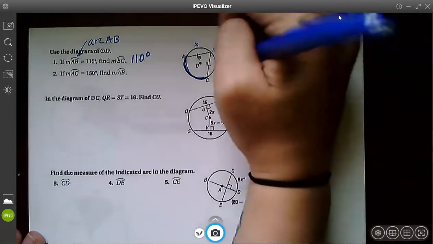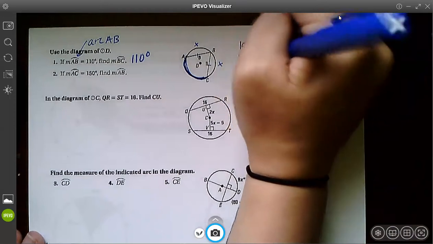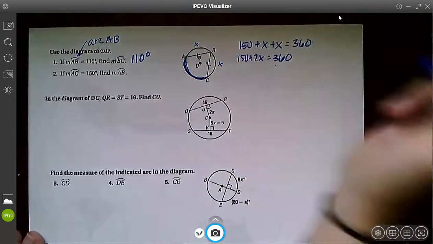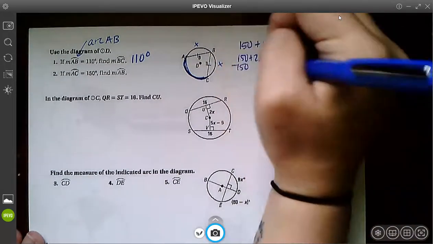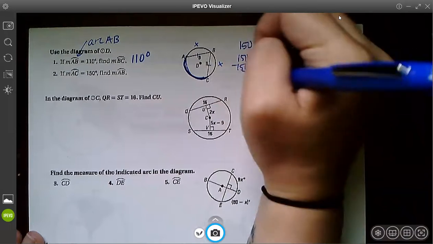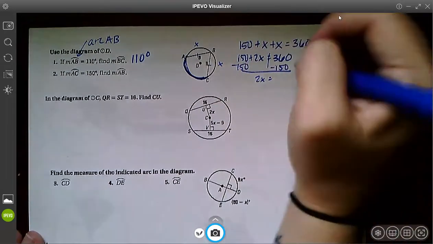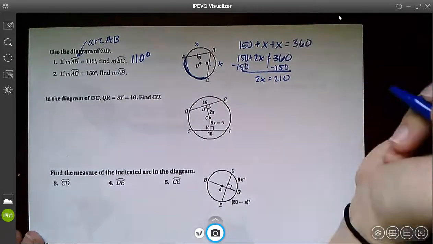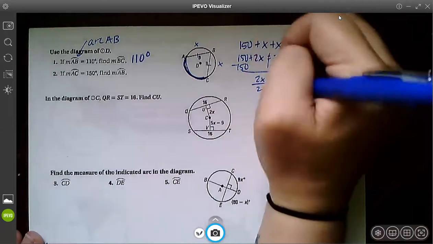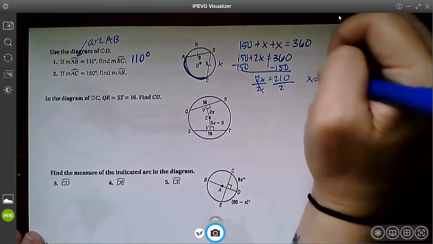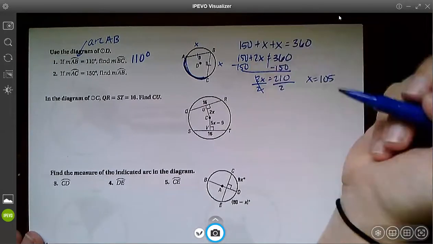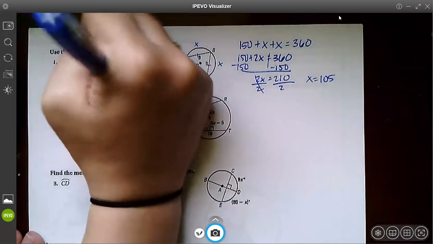So you can say 150 plus 2x equals 360. Subtract your 150 from both sides, and you get 2x equals 210. Divide both sides by 2. You get x equals 105. x is arc AB, so that is 105 degrees.